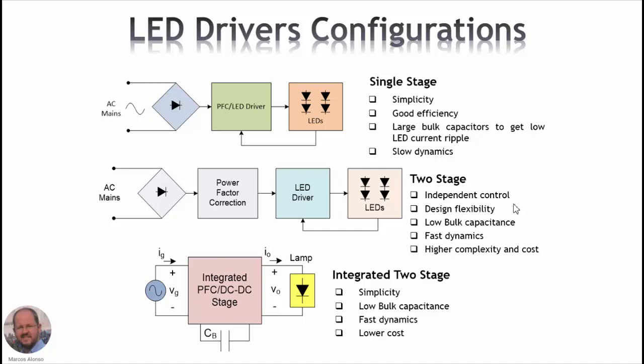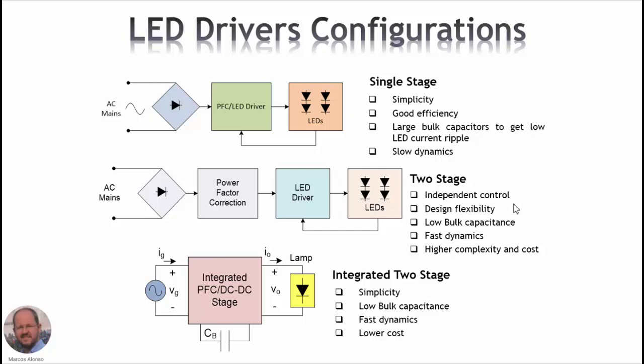It provides also better design flexibility because we can design both stages separately. The second stage can do also part of the regulation against input voltage variation, so we can reduce the bulk capacitance and therefore we can get a fast dynamics. But the problem is that we have a much more complex converter with control circuitry, and therefore the cost is going to be higher.